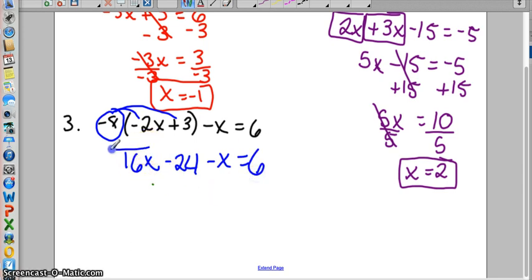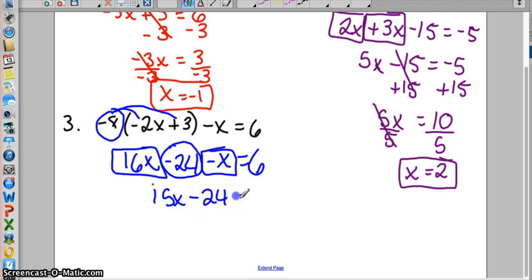So then we're going to combine like terms. So we have positive 16x and negative x to give us 15x. There's nothing to combine this negative 24 with, so we're just going to bring it down as minus 24 equals 6. Of course, we're going to move the 24 over to the other side. Because it's negative, we're going to add.